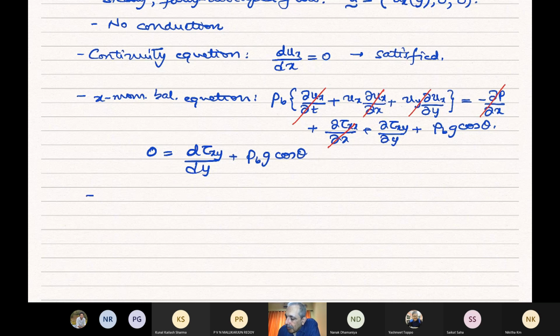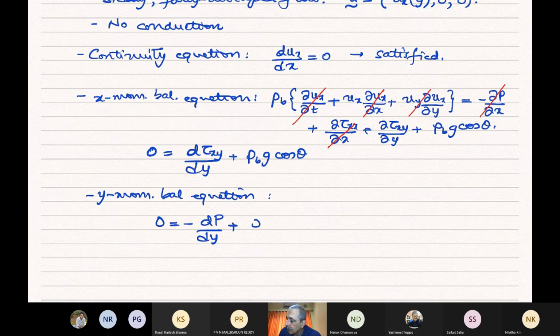You can do the same thing for the y momentum balance. I won't write it all down, but you'll have a very similar equation, and if you do the simplification, you'll find out that it's just minus dp by dy plus rho b g sine theta.